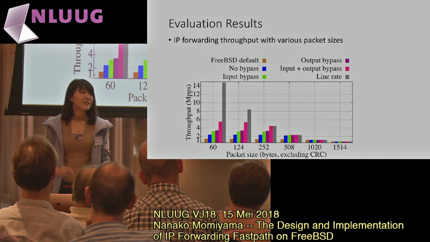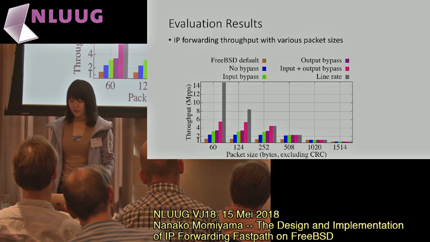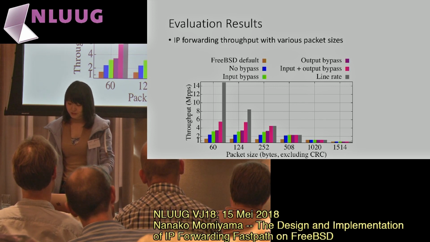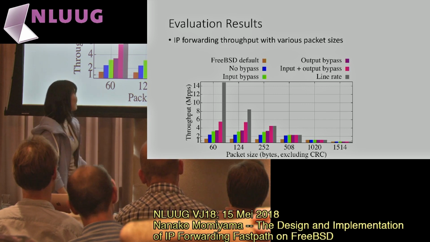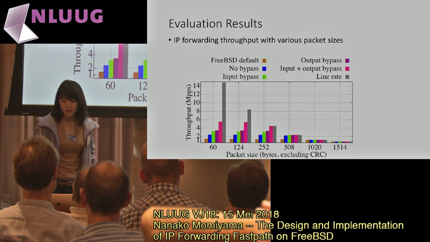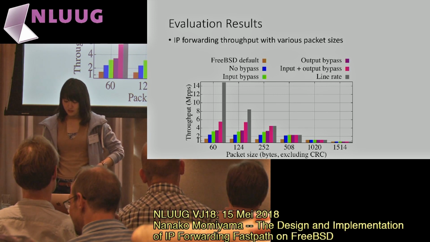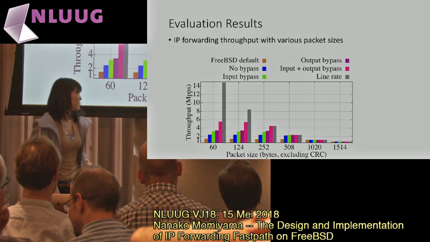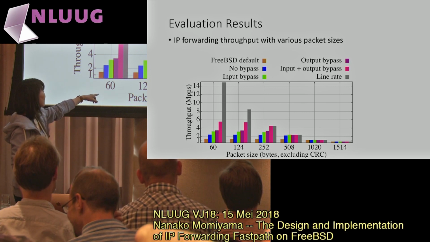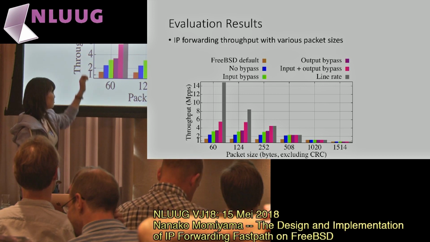Input plus output means that the version employs both features. The rightmost bar, the gray one, shows the maximum packet rate at each packet size. So, for example, for the shortest packet, 14 million packets per second is the maximum packet rate.